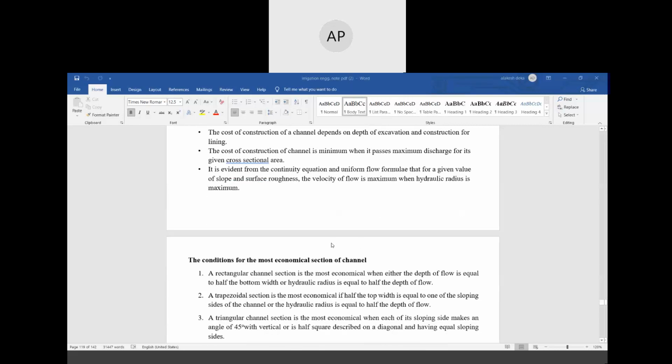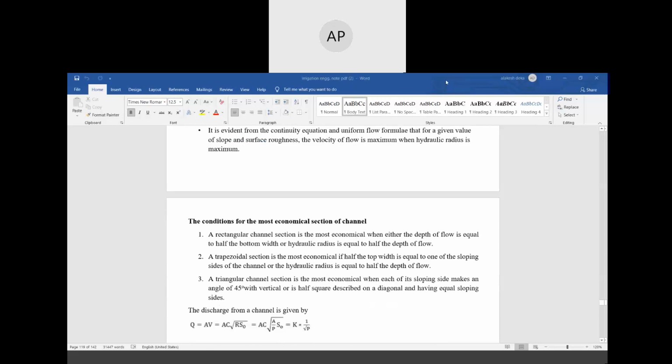What are the conditions for the most economical section? A rectangular channel section is the most economical when either the depth of flow is equal to half of the bottom width, or the hydraulic radius is equal to half of the depth of flow. A trapezoidal section is most economical if half the top width is equal to one of the sloping sides of the channel, or the hydraulic radius is equal to half of the depth of flow.